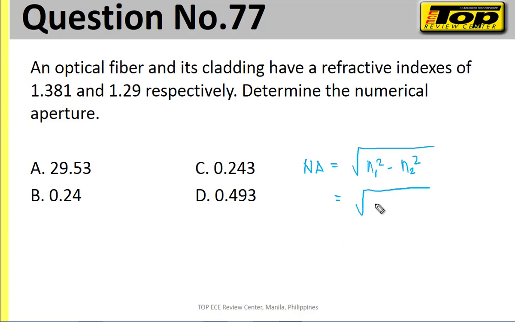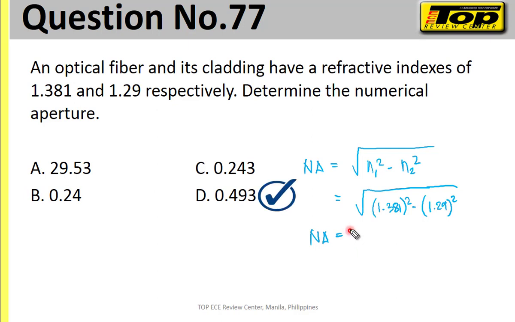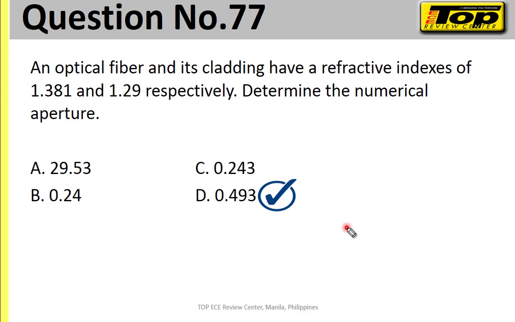This is equal to 1.381 squared minus 1.29 squared. Okay, so we get the numerical aperture, and that will be equal to letter D, 0.493. Okay, that is question number 77.